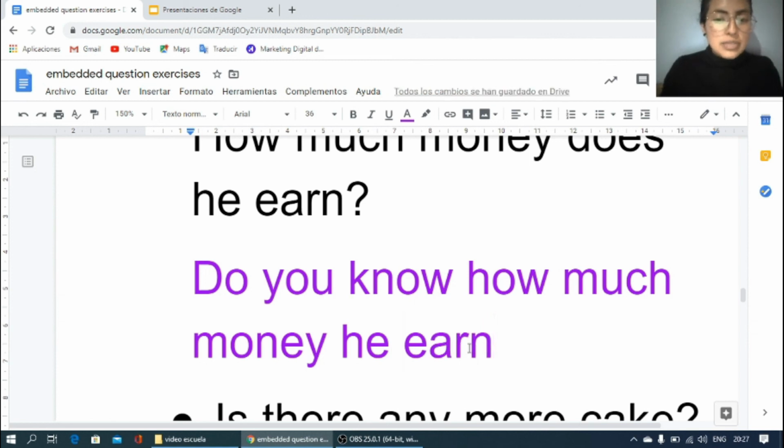But you have to put s because in the third person you have to put s in the verb. Okay? And in the end you have to put the question mark because we are using do you know. And do you know is an introduction question.